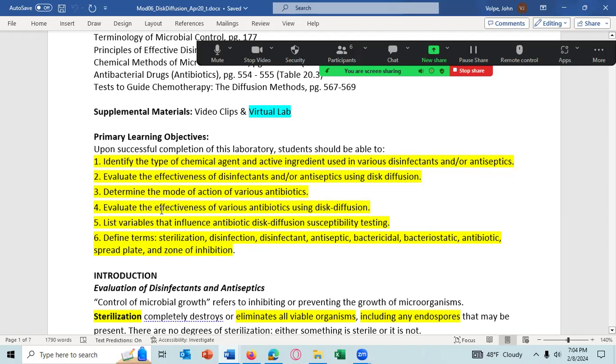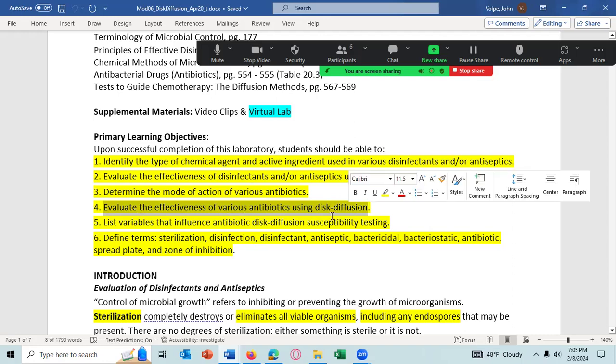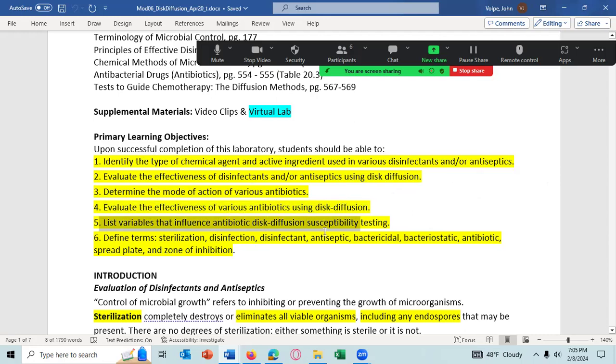This lab will mainly be looking at Objective 4, evaluating the effectiveness of various antibiotics using the disc diffusion method. However, we will touch on all of these topics. Number 5 is probably the second most important one.